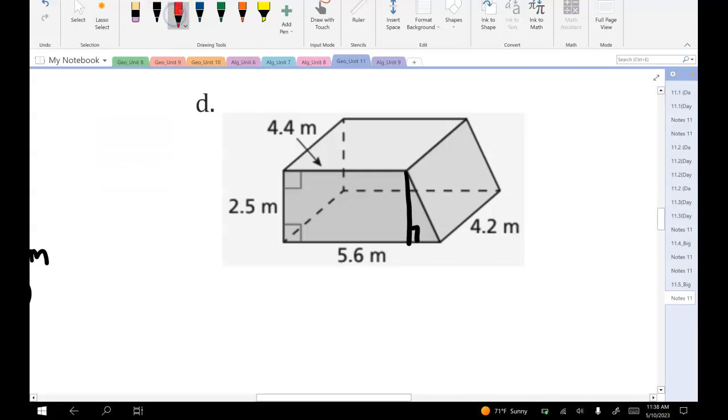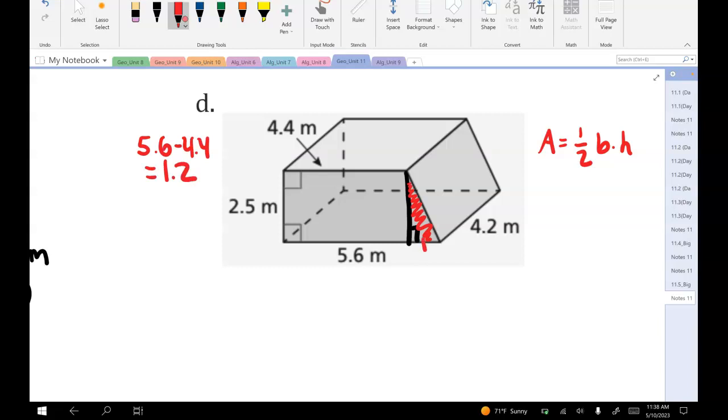So first, let's find the area of our triangle. We need the base and the height. We know that the height will be 2.5. To find the base, we could take the longer side minus the shorter side, so 5.6 minus 4.4. And that will give us 1.2.